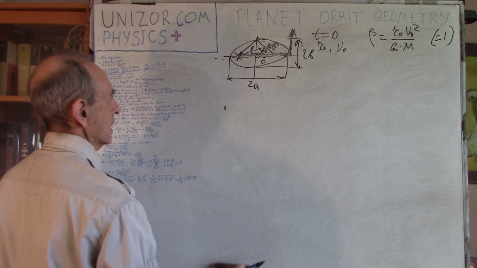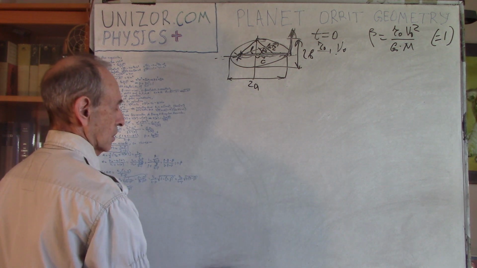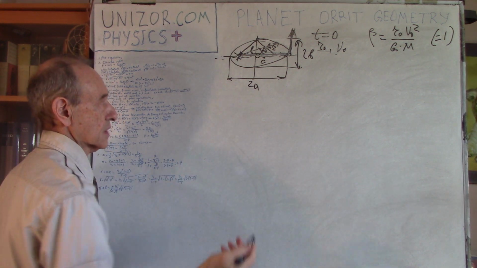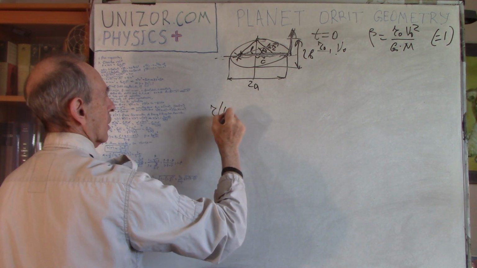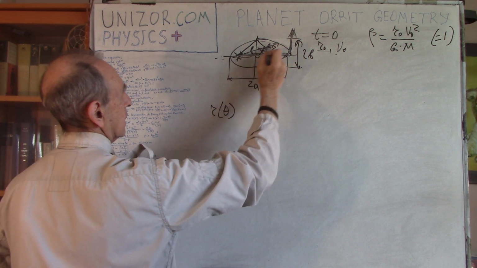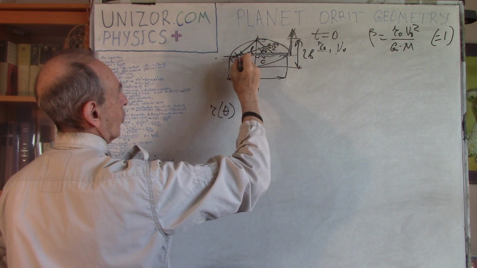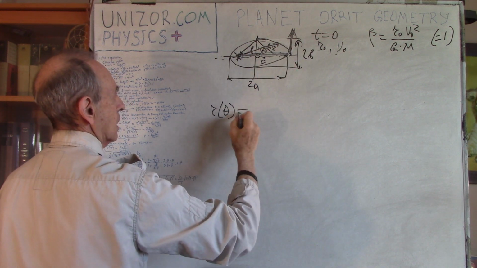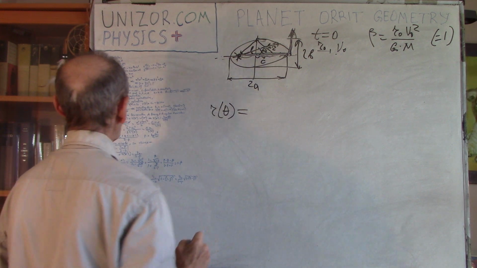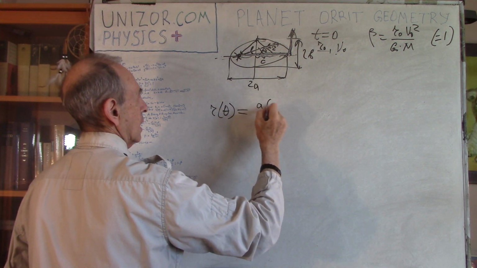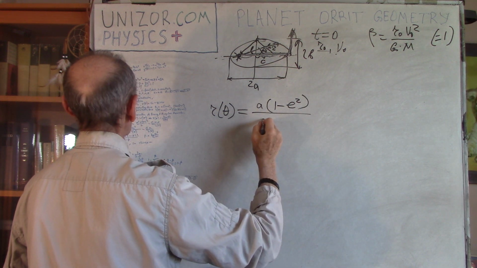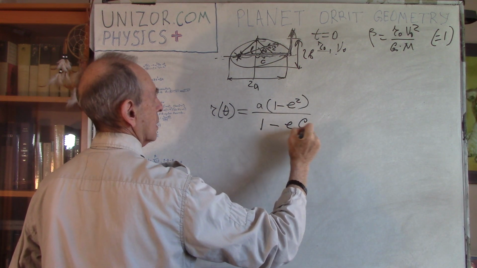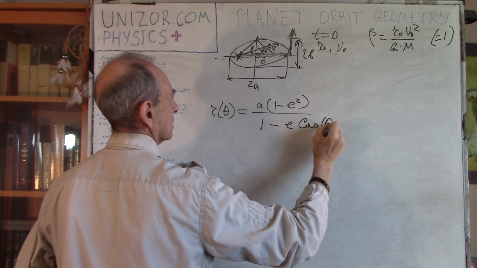And now again I would like to use the equation of the ellipse in these coordinates, and it will be r of theta, which is the length from the pole to any point on the ellipse, equals a(1 minus e squared) divided by (1 minus e cosine theta).